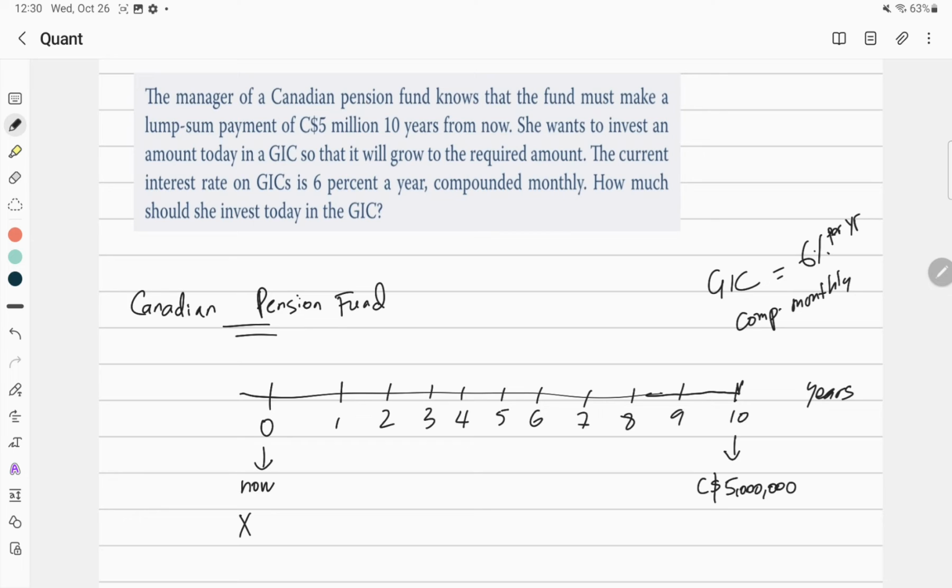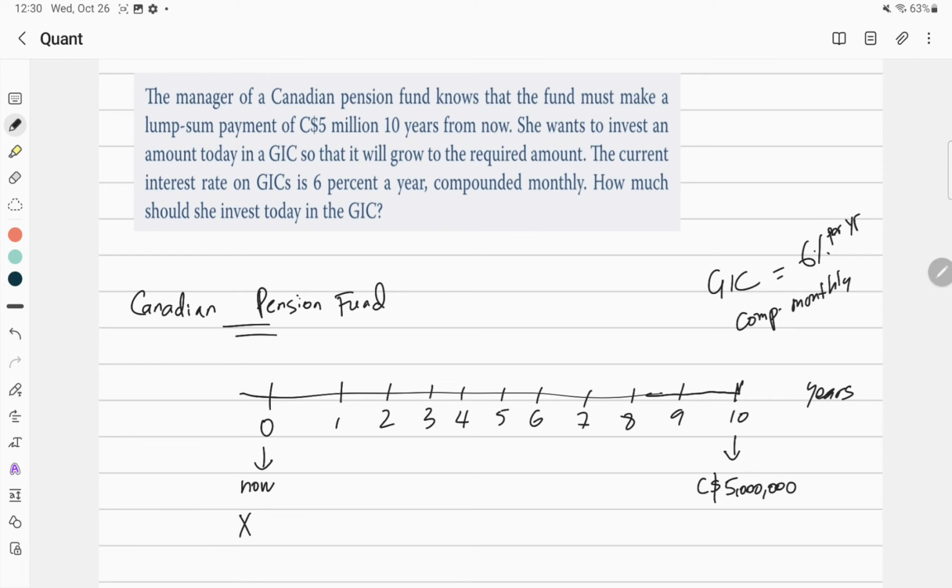That's what this question is asking. For each year, the interest rate for this GIC investment is 6% per year, but it's compounded monthly.